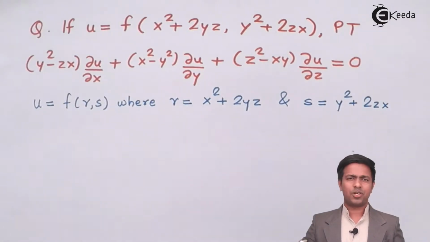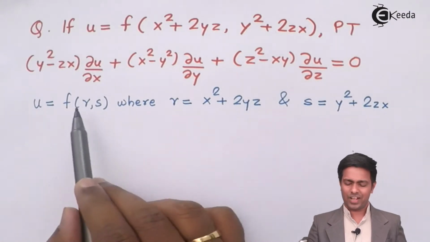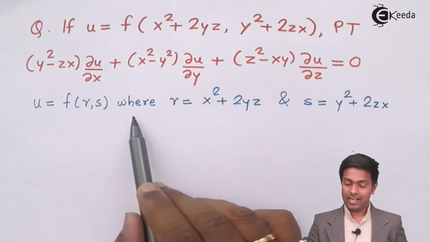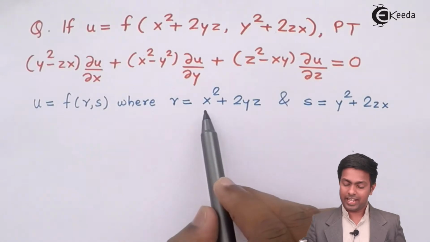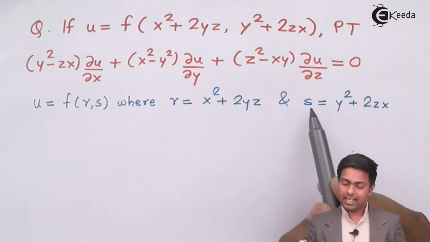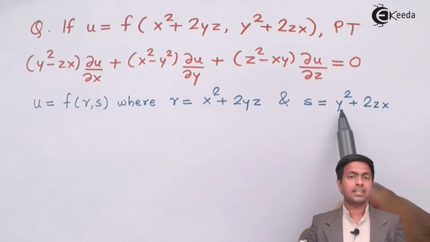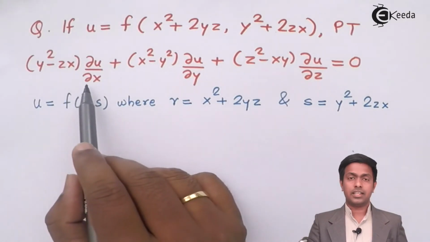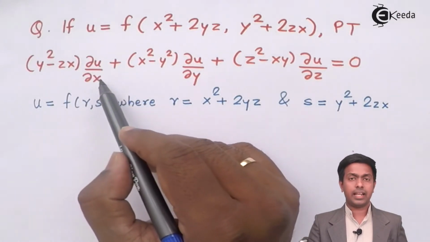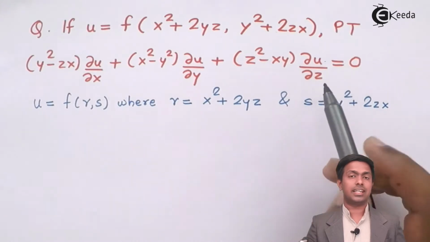So guys, let's observe the given question once again. So here u is a function of r and s, where r is a function of x, y, z and s is a function of x, y, z. And here the relationship between u and x, u and y and u and z is asked.